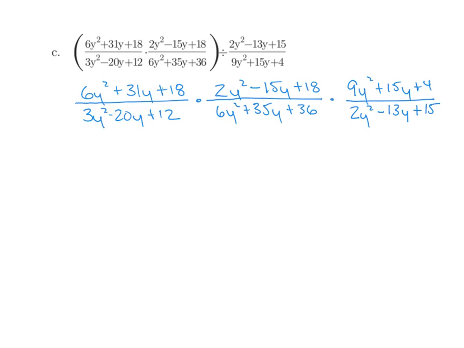Okay, so now where do I want to start with my factorings? For me personally, the easiest thing to factor here is probably going to be the 2y squared minus 13y plus 15. So I'm going to start with that one.